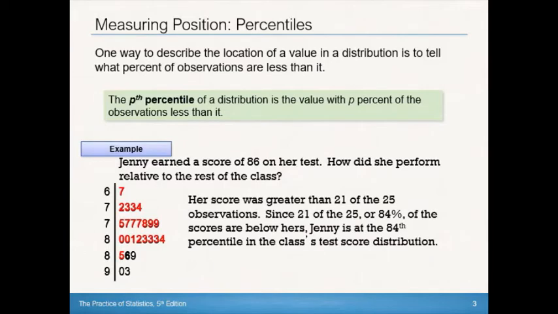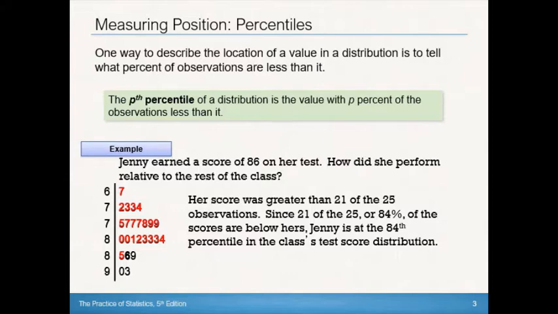If we look, there are 21 of the 25 observations that are less than her. That would be about 84%. So Jenny is in the 84th percentile. Now, this isn't exact and perfect all the time. Let's say that Jenny got a 93 on that test.